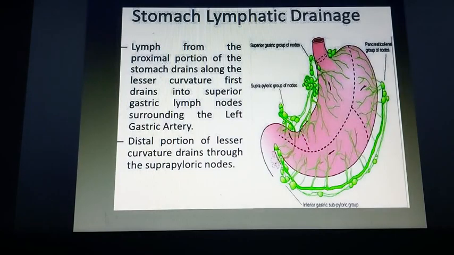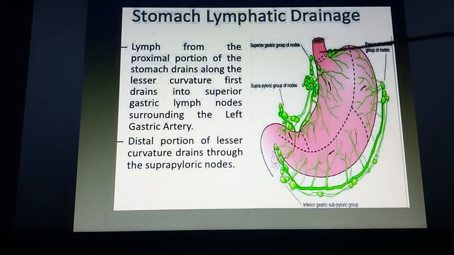Coming to the lymphatic drainage. Lymph from the proximal portion of the stomach drains along the lesser curvature, first into the superior gastric lymph nodes surrounding the left gastric artery.